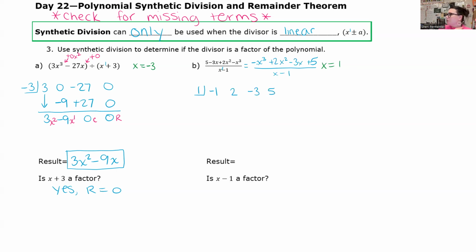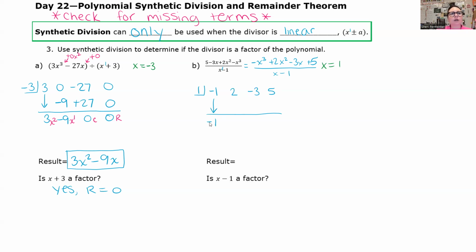One thing that I like to do, because it's easy to accidentally skip a term, is just double check that I should have 1, 2, 3, 4 numbers. I'm going to set up my division problem, and my first step always is to drop it like it's hot. From there, I will multiply and add, multiply and add, multiply and add.